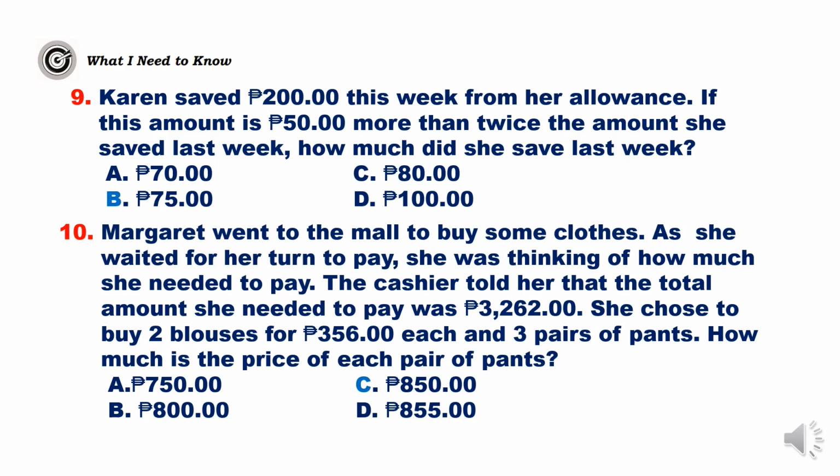She chose to buy 2 blouses for 356 pesos each and 3 pairs of pants. How much is the price of each pair of pants? A. 750 pesos, B. 800 pesos, C. 850 pesos, D. 855 pesos.